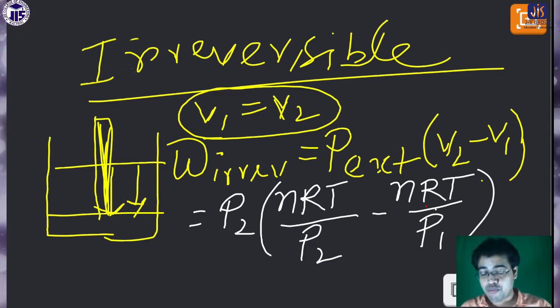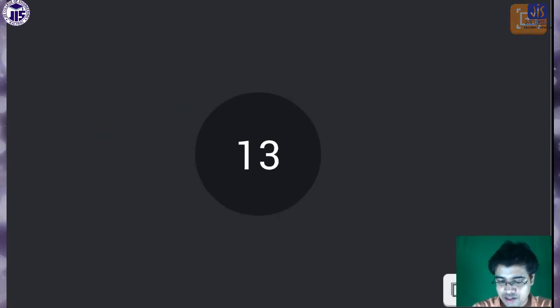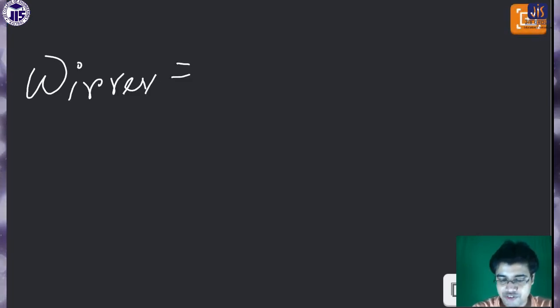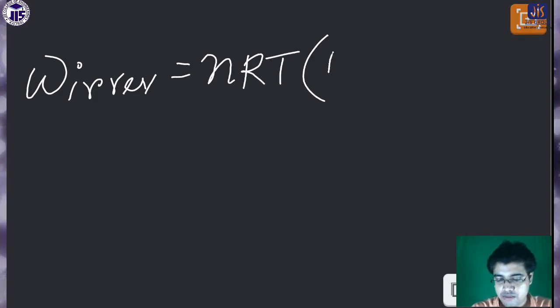Okay, so then what we have to do is just a simple calculation after this step, isn't it? So then we will get, if you take the common term here, that means P2 here will be cancelled out. So if you take nRT as the common term, then we will get W irreversible equals nRT times 1 minus P2 by P1.